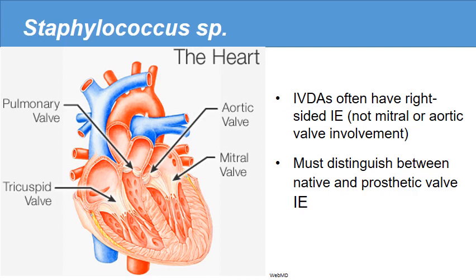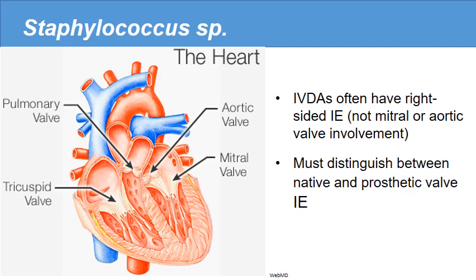Well, the involvement of either the left side or the right side of the heart can have implications for how to treat infective endocarditis, where typically right-sided endocarditis has a higher likeliness of being less complicated, and potentially you'll see right-sided infective endocarditis in younger patients, often intravenous drug abusers, who can have shorter durations of treatment, whereas left-sided infective endocarditis is more difficult to treat and may require a longer treatment duration when it comes to Staphylococcus.